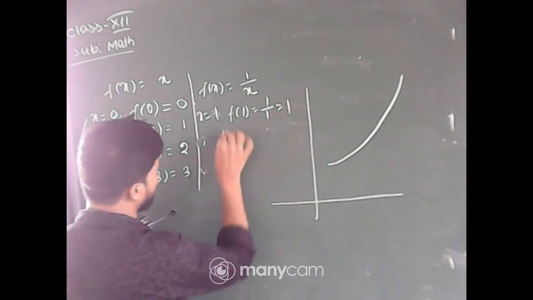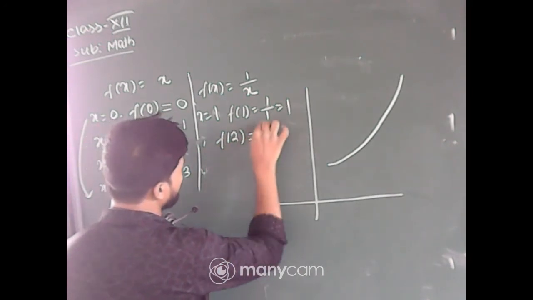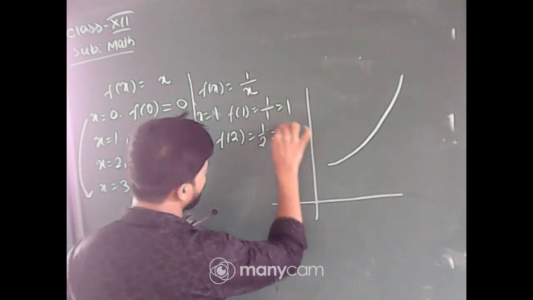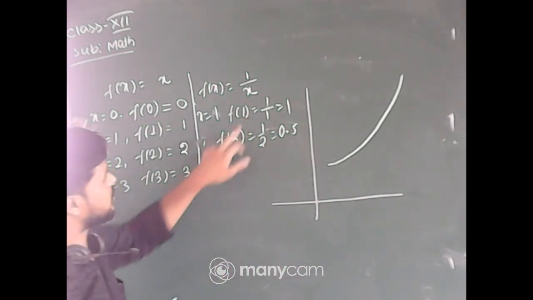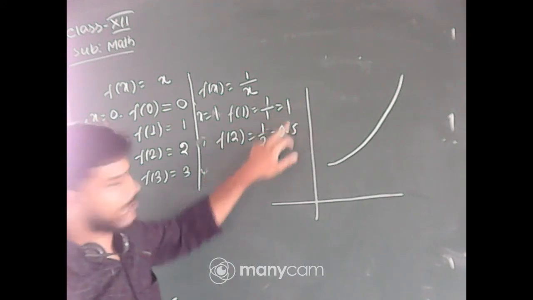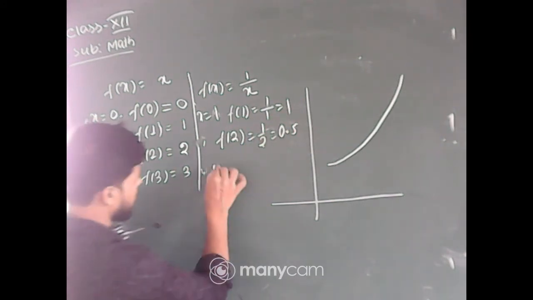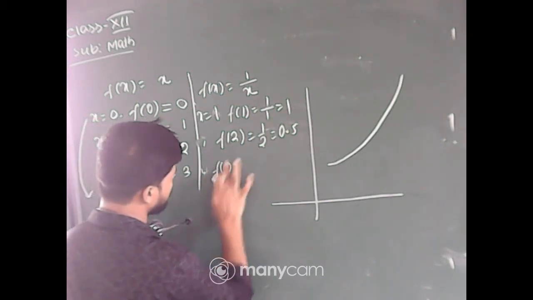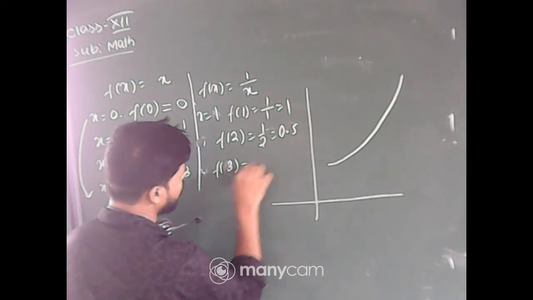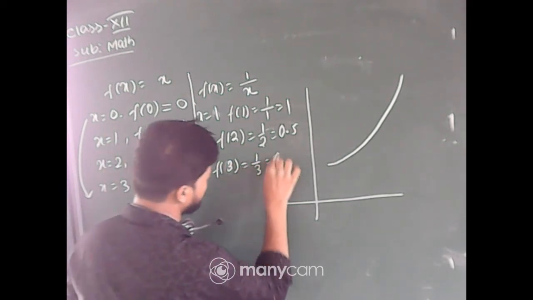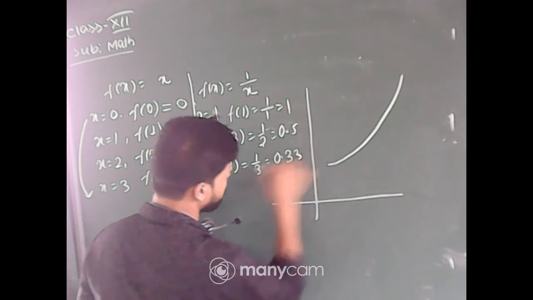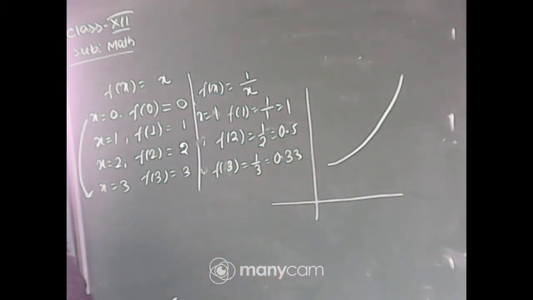The value of the function at x equal to 2 is 1 by 2, that means 0.5. Look, when you increase the value of x, the value of f of x is decreased. Again increase the value of x, so f of 3 will be equal to 1 by 3, that is equal to 0.33. Again the value of the function is decreasing.